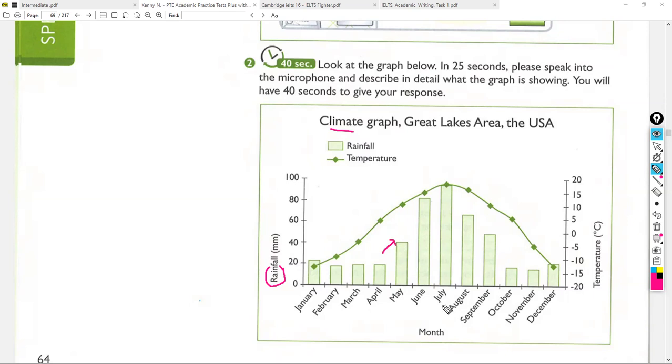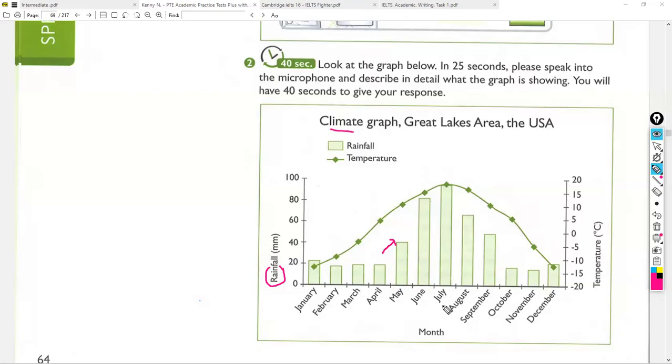And in June and July, we can see it almost reaches the peak. After that, in August and September, the amount of raining goes down.